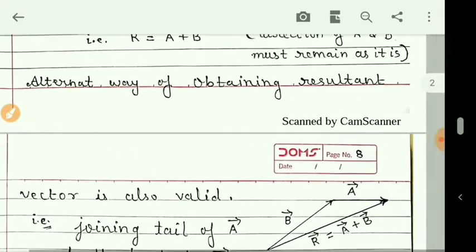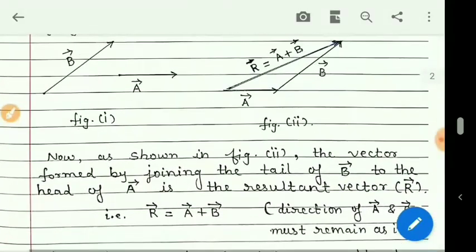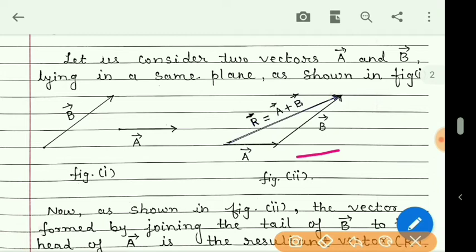Now students, whenever we draw this figure to obtain the resultant vector, we have to remember one thing, that when we put this vector A here, its magnitude as well as direction should not change. Direction should remain same only.